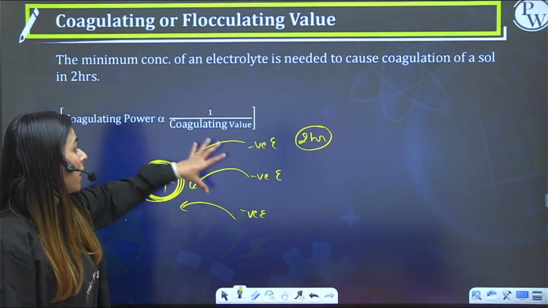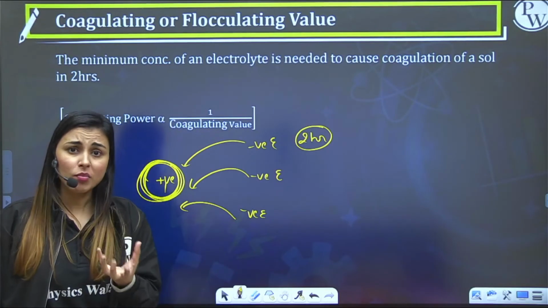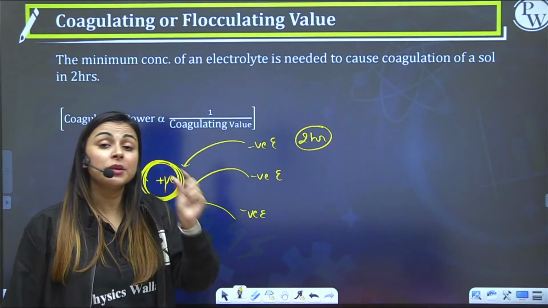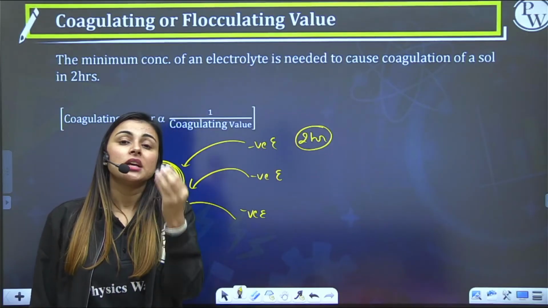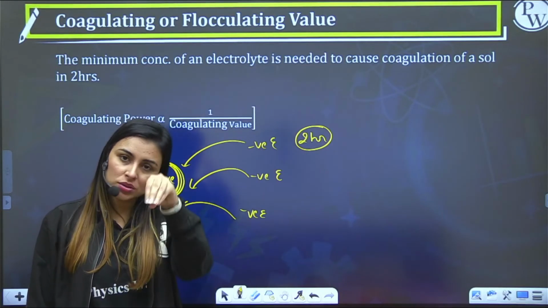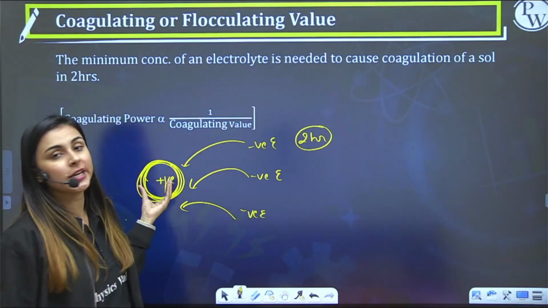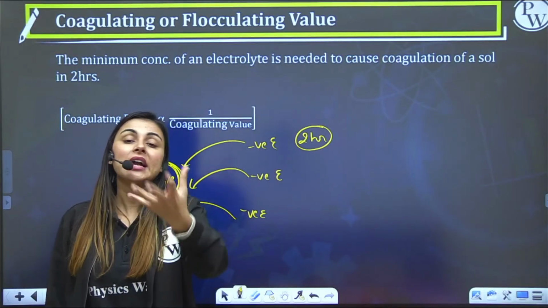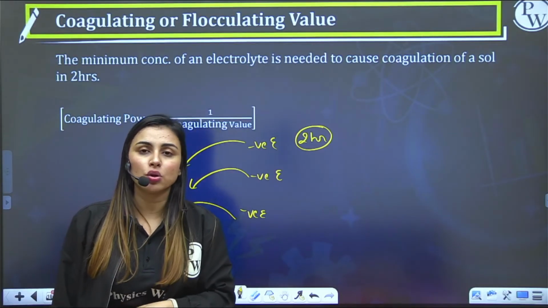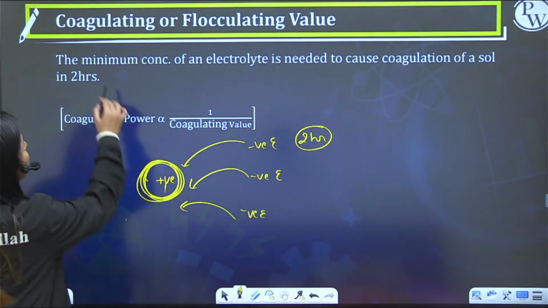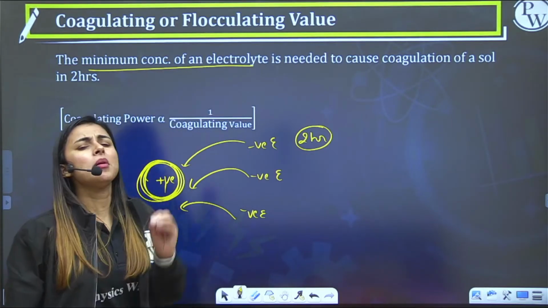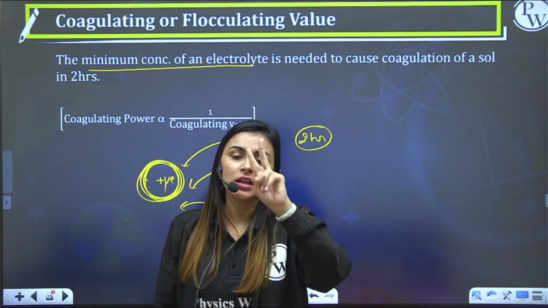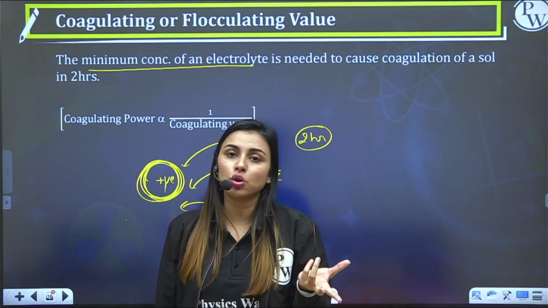The one which coagulates the colloid to the maximum extent with the minimum amount, used in a very small amount but still coagulating your colloid for 2 hours, gives you the coagulating value or the flocculation value. So the minimum amount of electrolyte used for persistently coagulating a colloid for 2 hours is known as the coagulating value or the flocculation value.